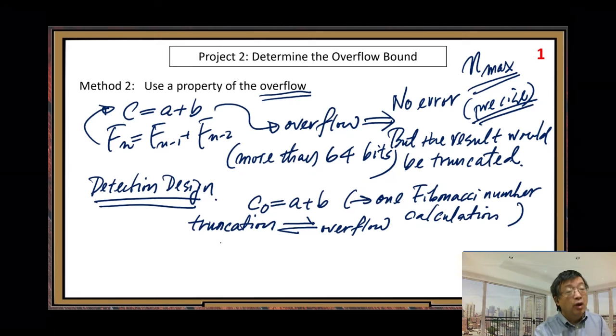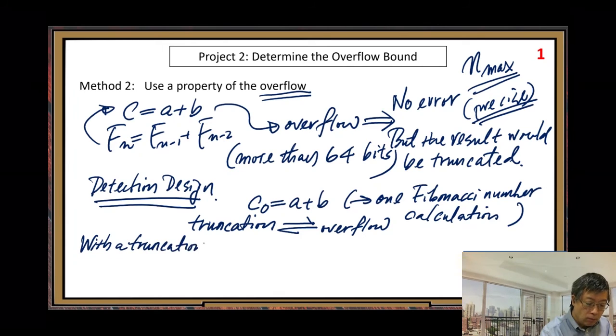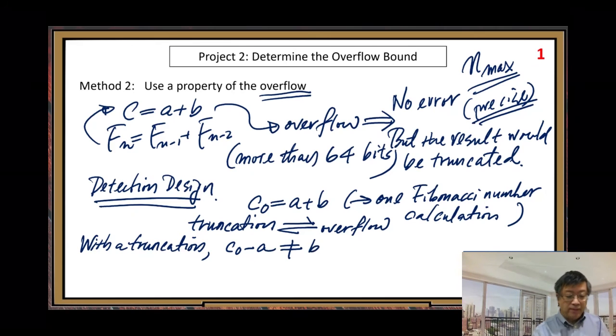With a truncation, our criterion is that C0 minus A will not be equal to B, because C0 is a truncated value.